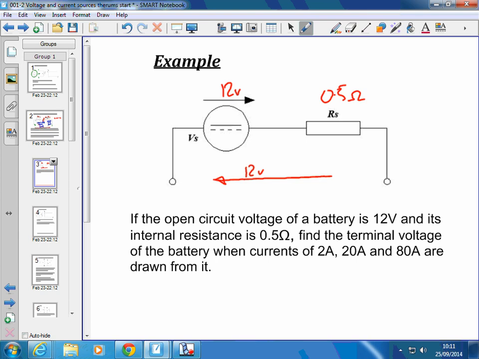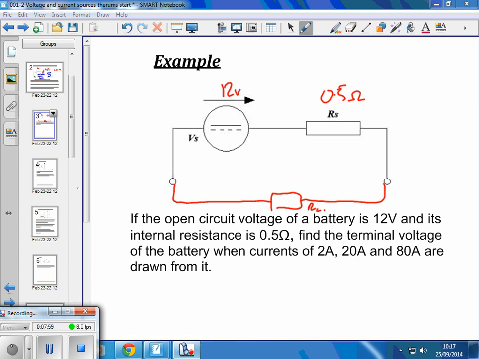So what we're saying is we're going to connect a load RL, 3 different loads. One of them is going to draw 2 amps, one's going to draw 20, the other's going to draw 80. What's the terminal voltage under those conditions? See if you can calculate that, please.